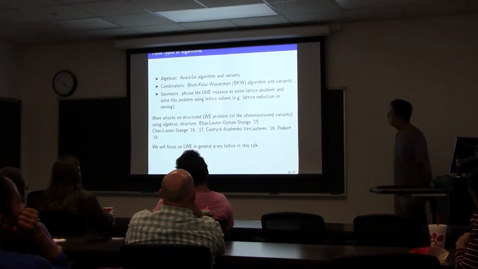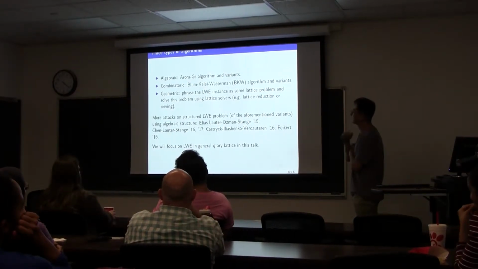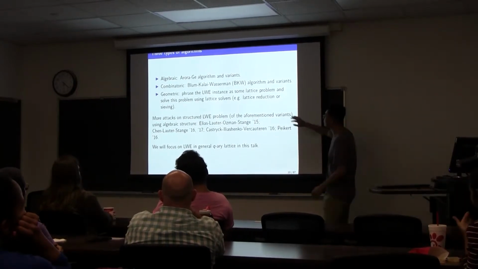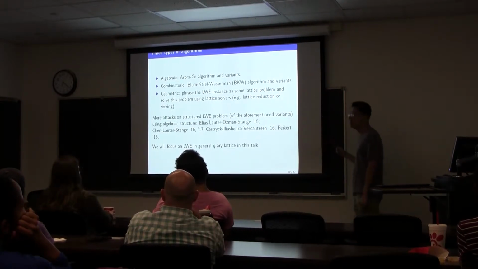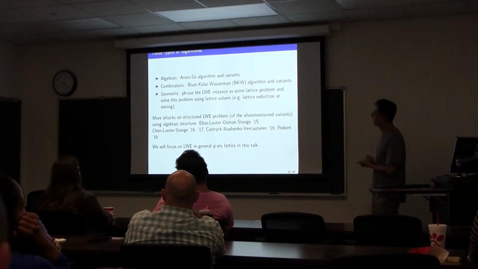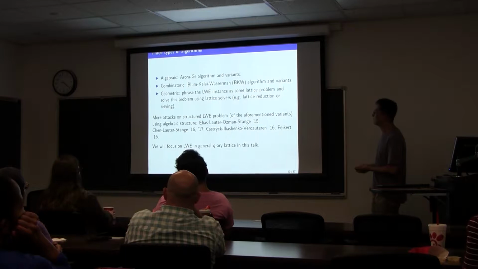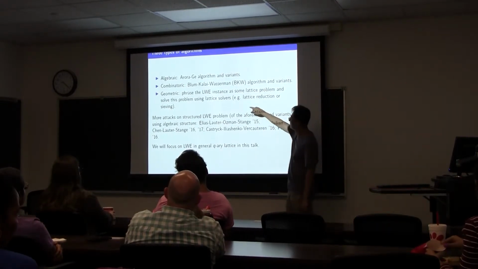So in general, I mentioned that the algorithms for solving LWE fall into several categories. The lattice algorithm, I put it belonging to the geometric class. It first of all reduces the LWE solution of the secret S and E into some lattice problem. So this secret S and E are embedded as, for example, the shortest vector in a lattice. And then I solve this lattice problem using certain lattice solvers.